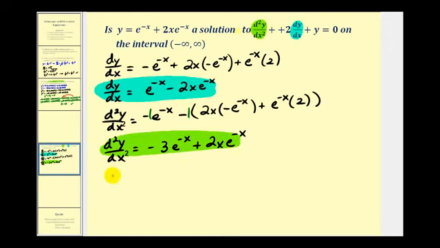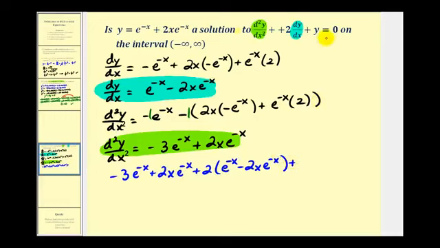So we're going to have negative 3 e to the negative x plus 2x e to the negative x plus 2 times dy dx, so that's e to the negative x minus 2x e to the negative x, plus y, where y is the original function, so we have e to the negative x plus 2x e to the negative x equals 0.